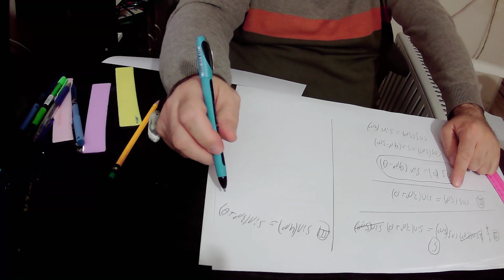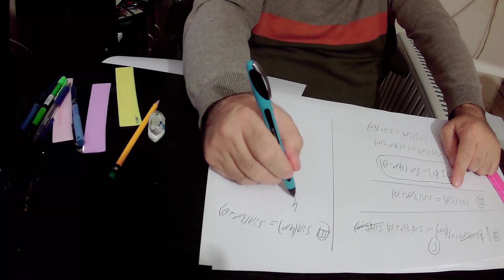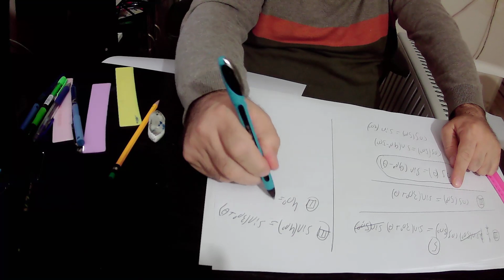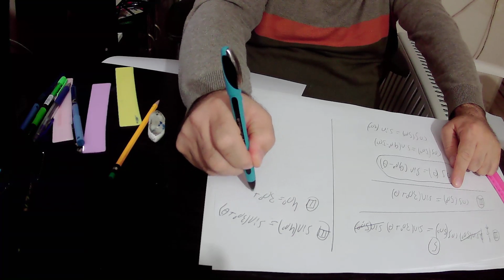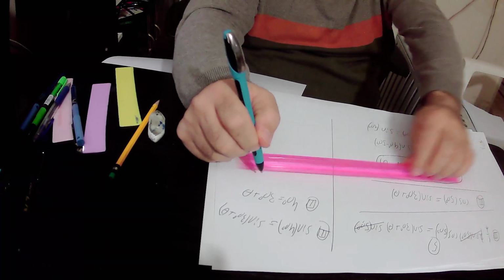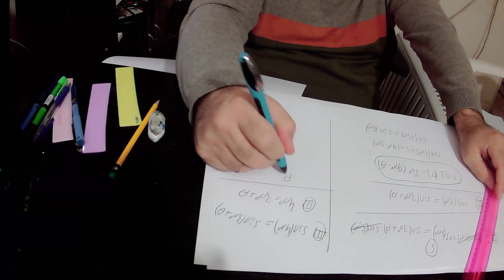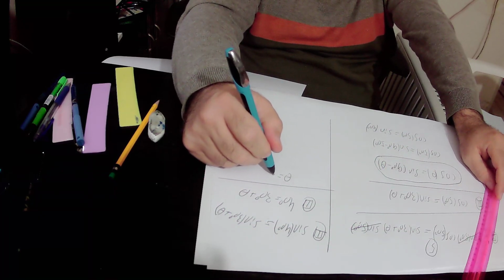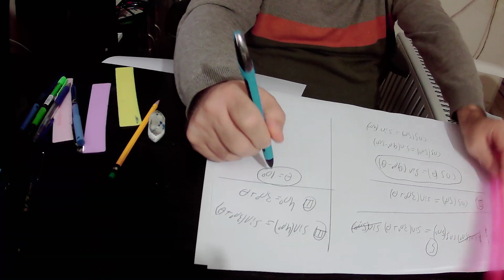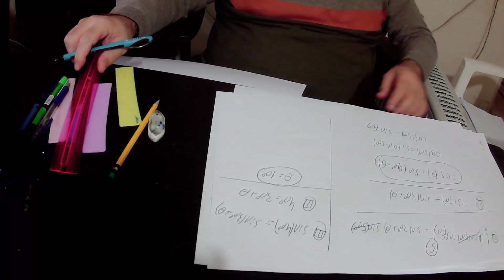If sine 40 degrees equals sine 30 degrees plus theta, it means that 40 degrees equals 30 degrees plus theta. Here we will subtract 30 degrees, and we will get that angle theta equals 40 degrees minus 30 degrees, that is to say angle theta equals 10 degrees. So we found out that angle theta equals 10 degrees.